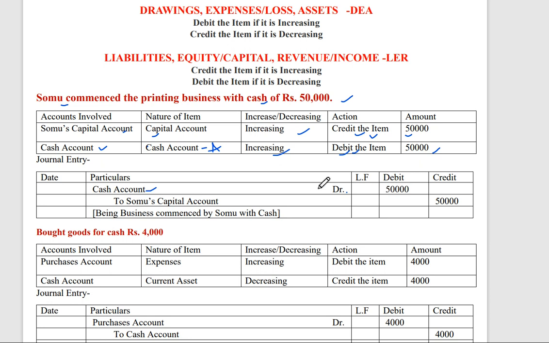Debit 50,000 in the cash account, credit 50,000 in Somu's capital account. The narration for this is: being business commenced by Somu with cash. So whenever anybody is starting a business with cash or an asset, we have to debit that asset and credit that capital account.